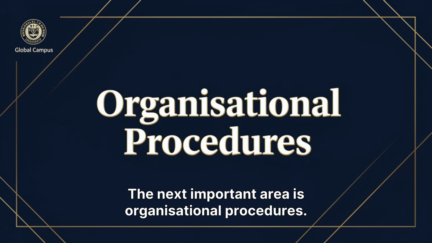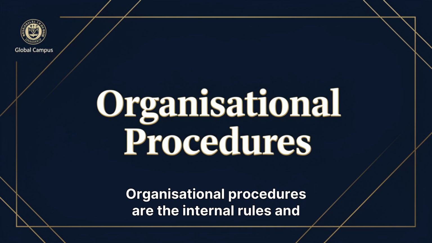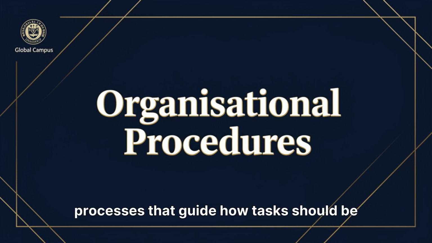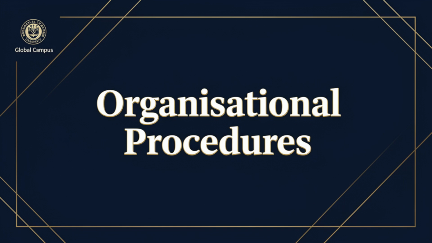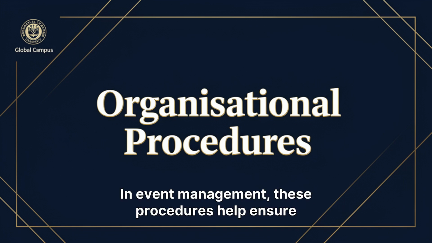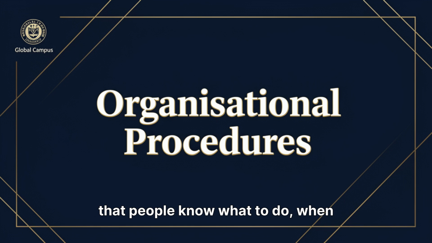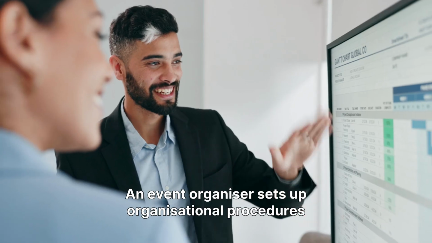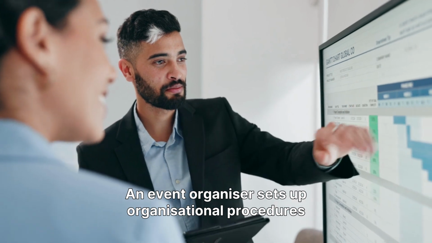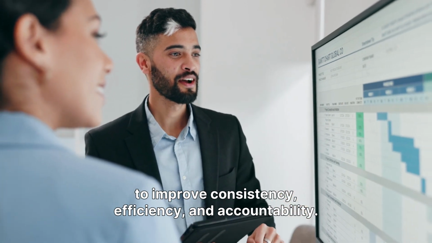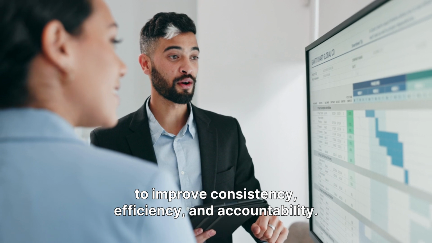The next important area is organizational procedures. Organizational procedures are the internal rules and processes that guide how tasks should be carried out. In event management, these procedures help ensure that people know what to do, when to do it, and who is responsible. An event organizer sets up organizational procedures to improve consistency, efficiency, and accountability.